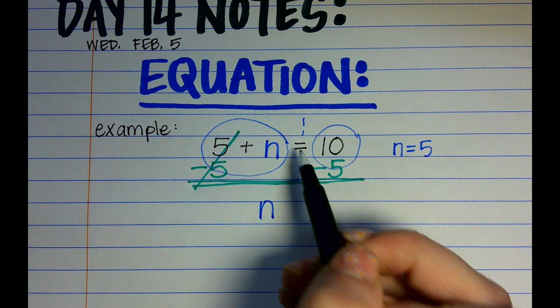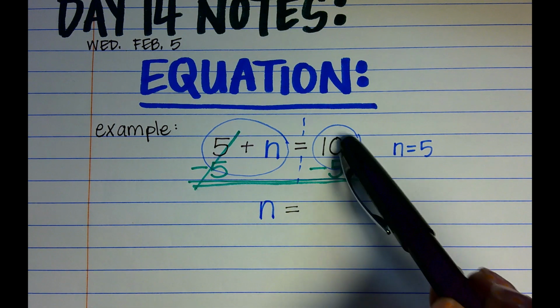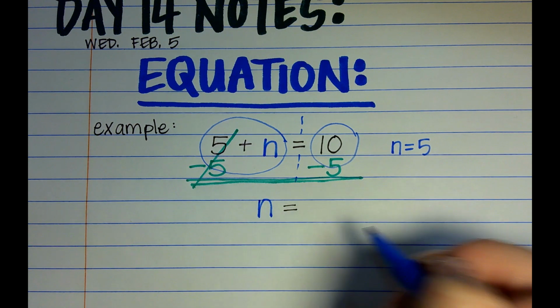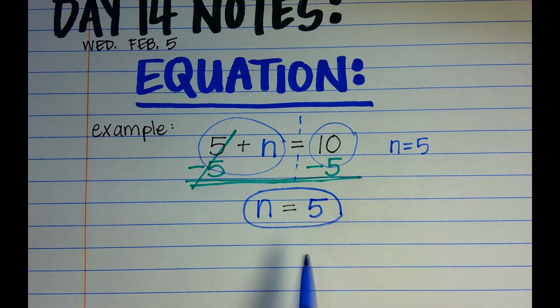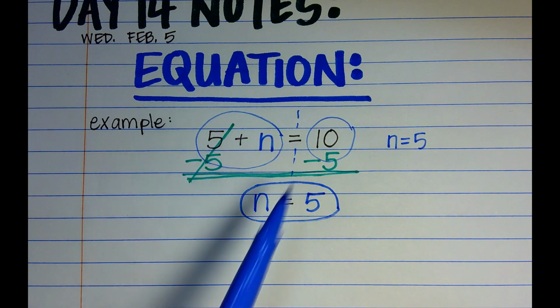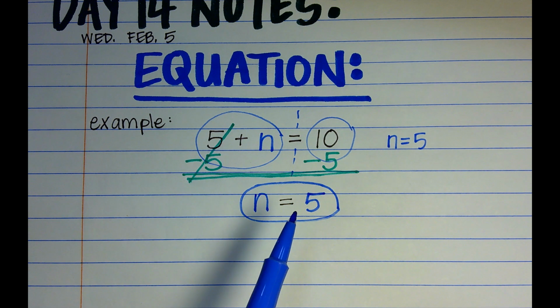I'm going to bring down my equal sign too. And then what is 10 minus 5? 5. Yes, 10 minus 5 is 5. And look at that. That gave us our answer. Pretty cool process. All you have to do is get rid of everything that's with the variable, and you can find your answer.